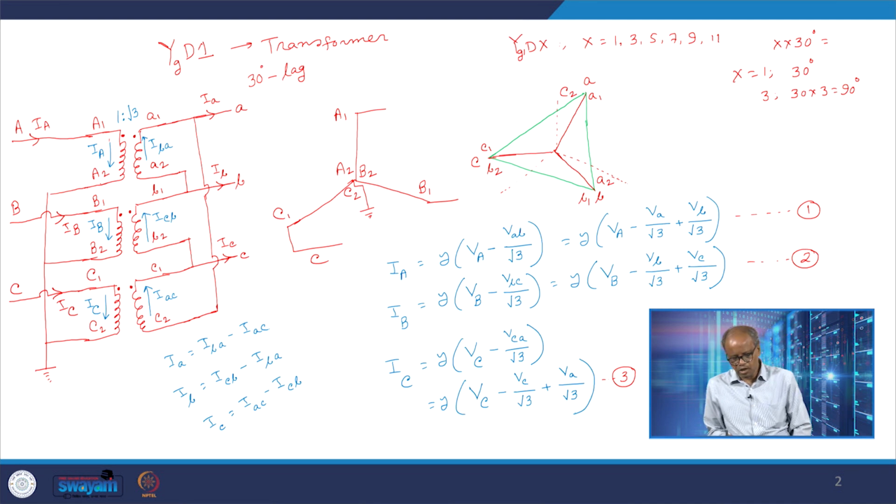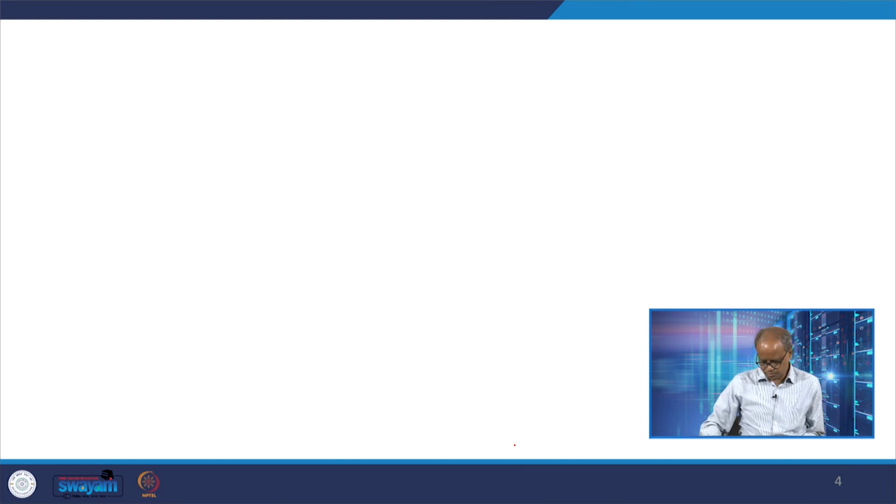So we now can simply write down these equations in matrix form.